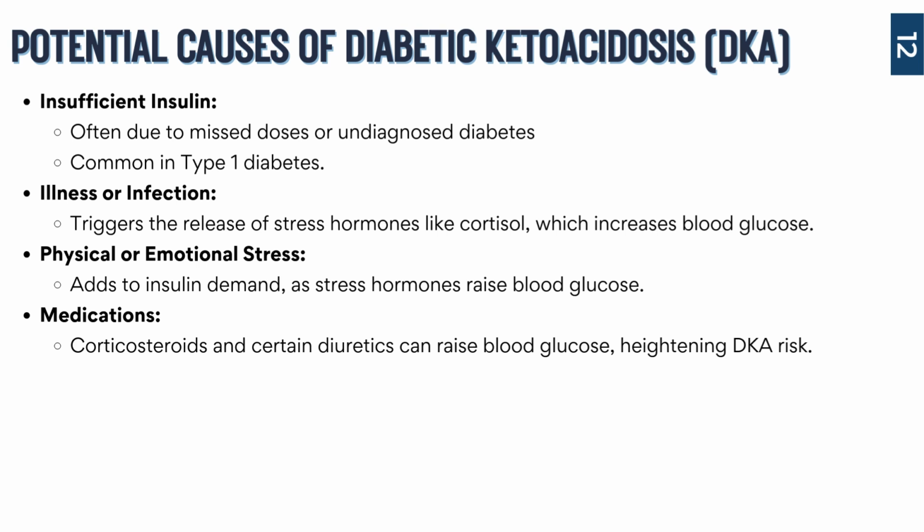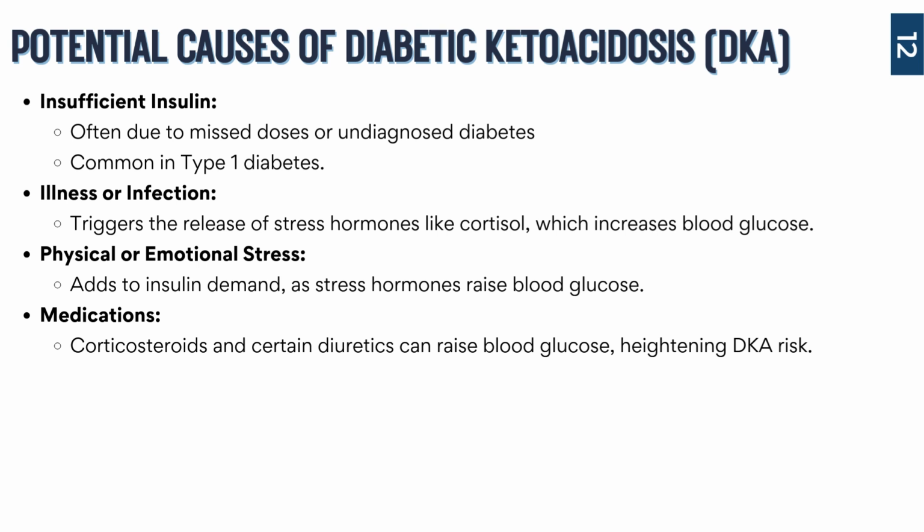However, in people with diabetes, this response increases blood glucose without enough insulin to balance it out, which can lead to DKA. Physical or emotional stress can similarly increase blood sugar levels. Stress doesn't just mean intense situations; moving to a new place, a nursing school exam, or a job change can all elevate glucose levels.